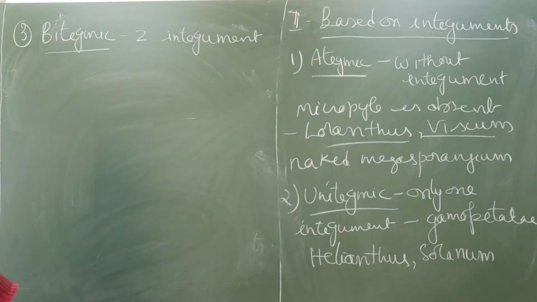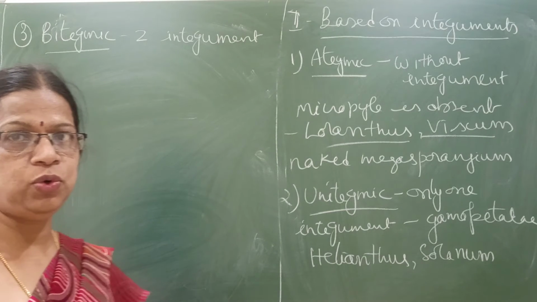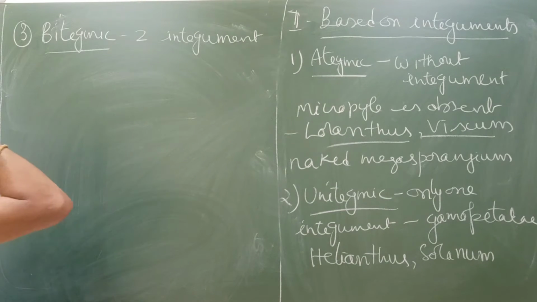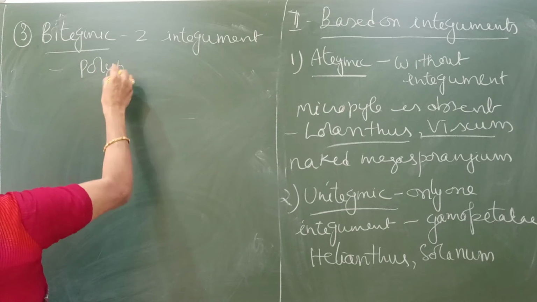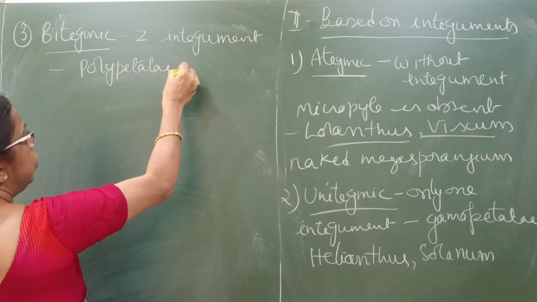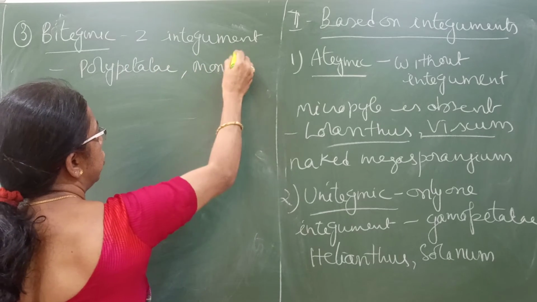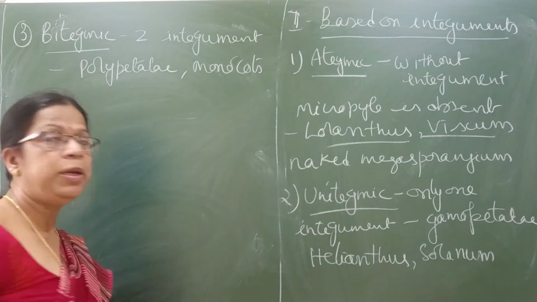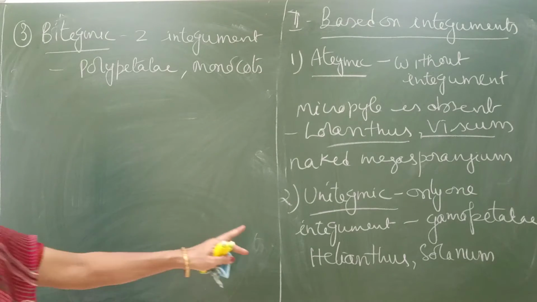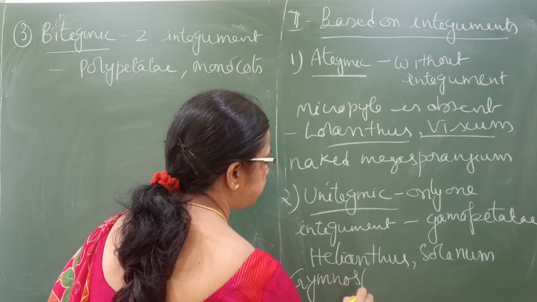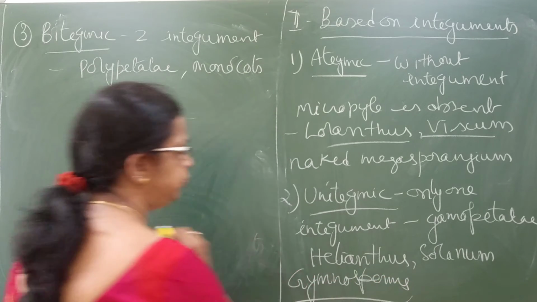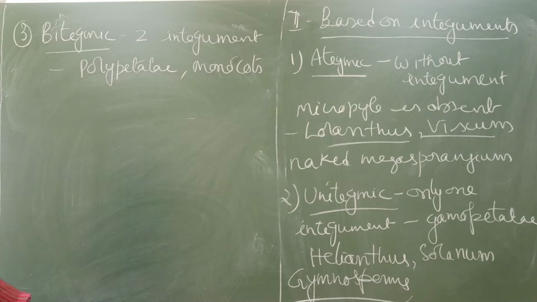It is found in polypetalae members and also monocots, and this is the most common type of ovule. In gymnosperms you find unitegmic ovules. So these are the types of ovules based on the integument: ategmic, unitegmic and bitegmic.